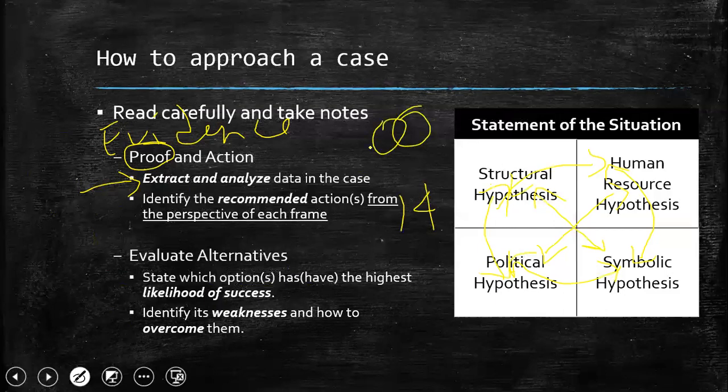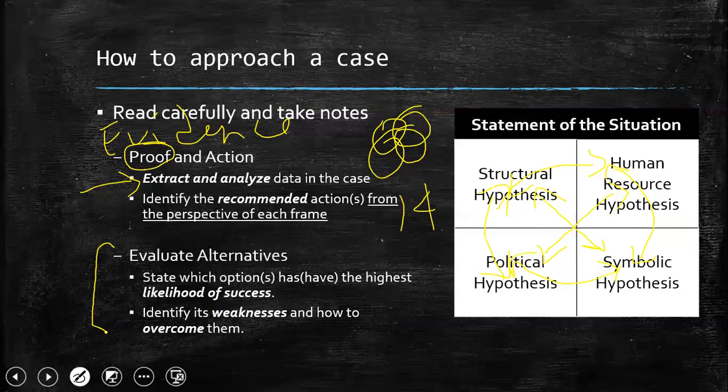So you could think about it like a Venn diagram, where there's a lot of overlap between each of those 4 frames and the recommended actions. It's going to be very important to evaluate alternatives to your recommended actions. So first of all, think about which option or options has the highest likelihood of success.